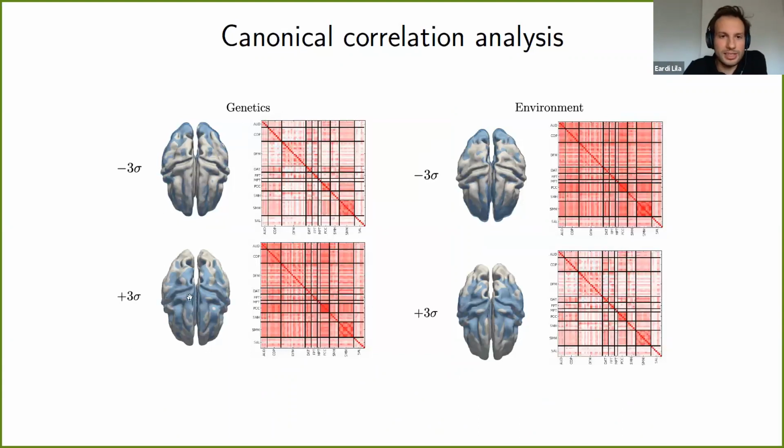I won't get into the exact description of this plot, but the idea is that here you can see changes in shape across subjects. And what are the most correlated changes in connectivity to these changes in shape that are due to genetic sources? And we can do the same thing for the environment on this other side here.